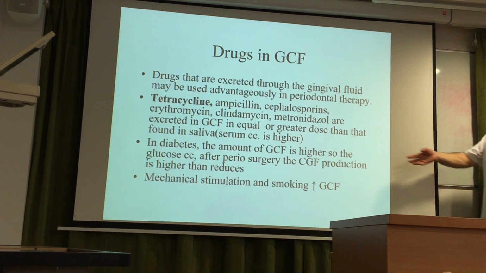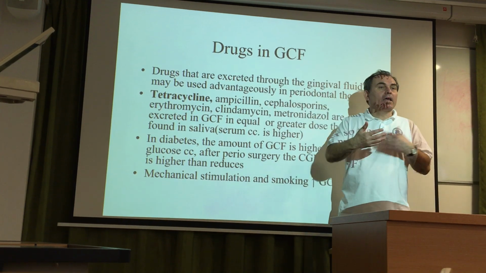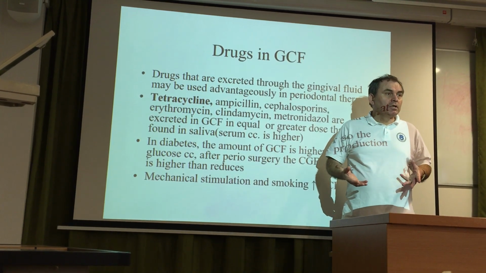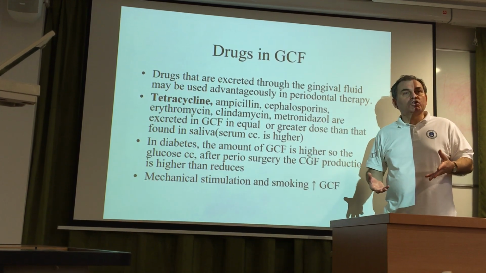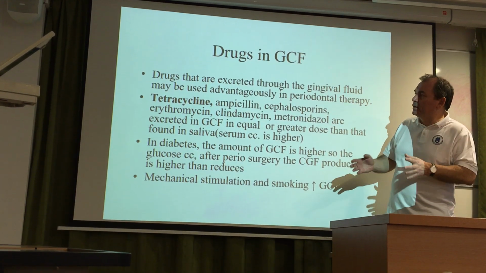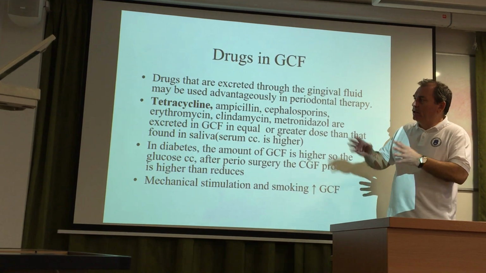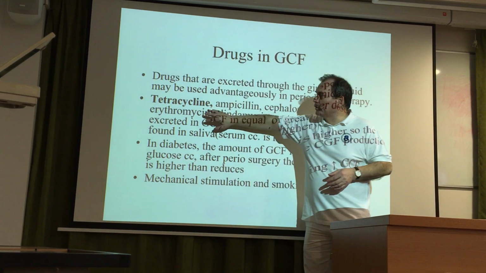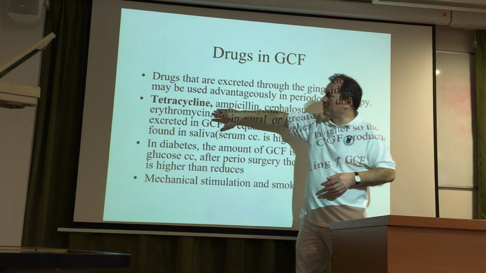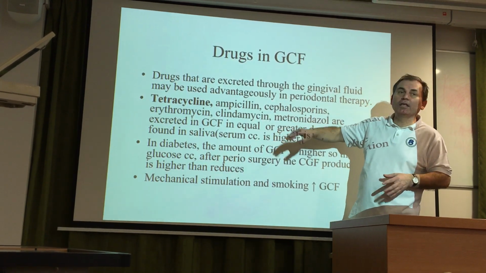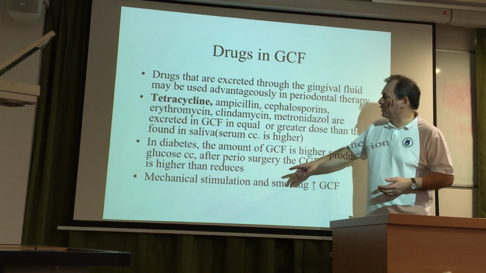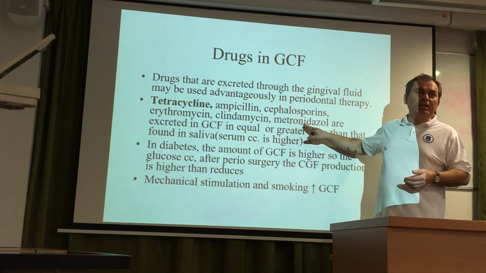So we need drugs with high excretion into the sulcus. There are some antibiotics which have been measured. In these cases, you will know that the excretion is very high. For example, tetracycline excretion into the sulcus is high, and metronidazole.